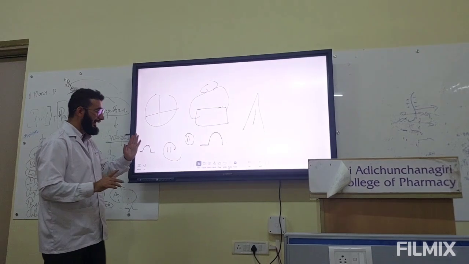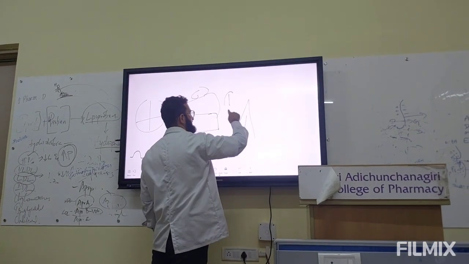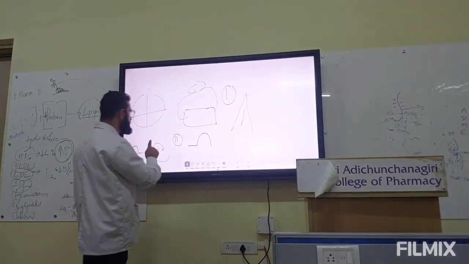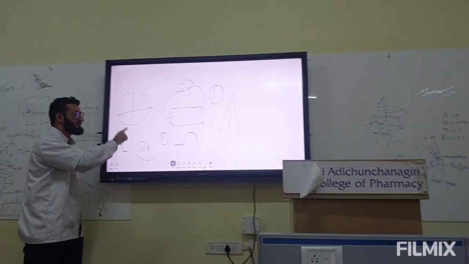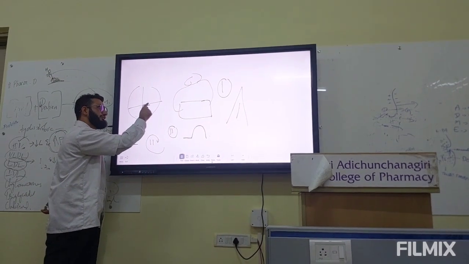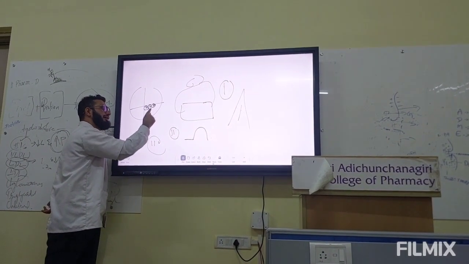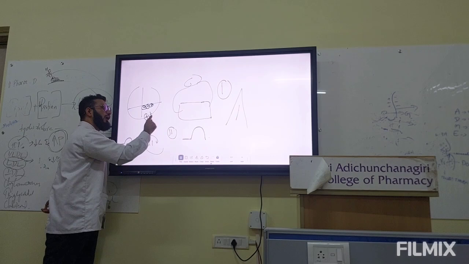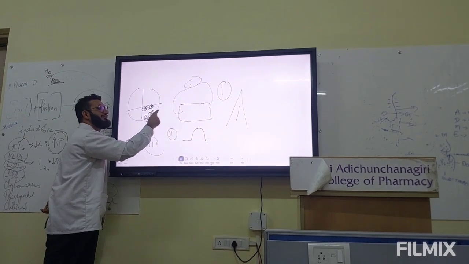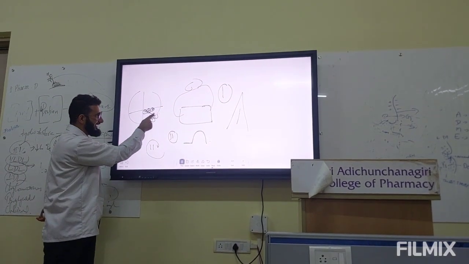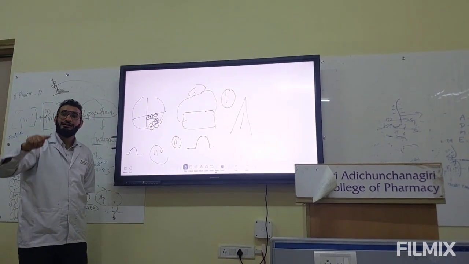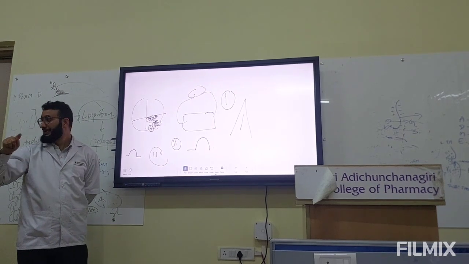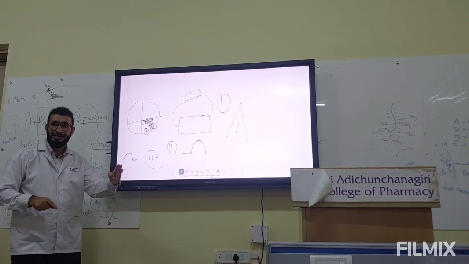Okay. And last rule. See, the tissue which will depolarize last will repolarize first. First these cells will get depolarized. Then later on, the outer cells will get depolarized because this is moving in this direction. The rule is the tissue which will depolarize later on will repolarize first.